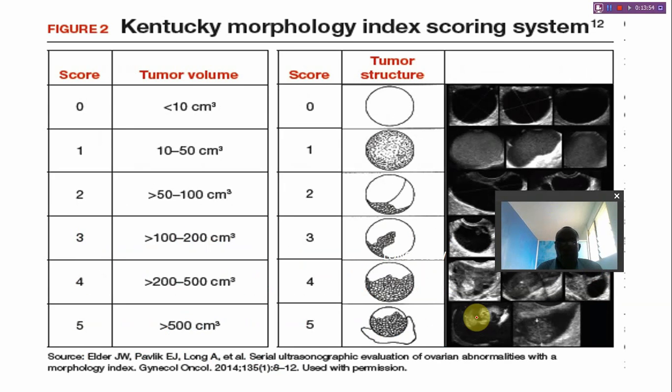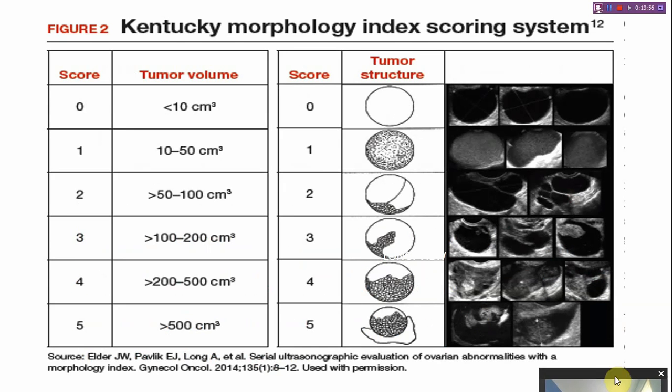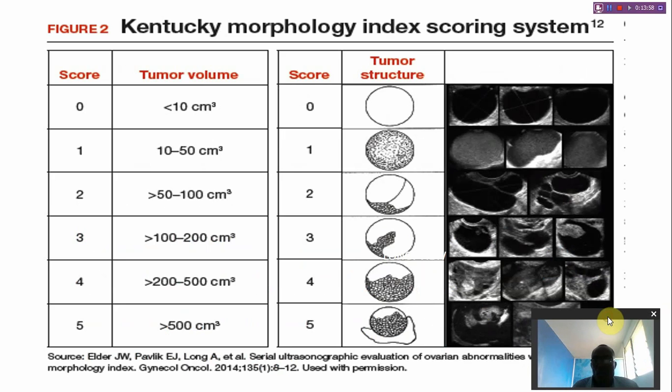The next is looking at the tumors and their appearances on sonography. These images are different from each other. You have the normal, the moderate, the severe, and the complex one.